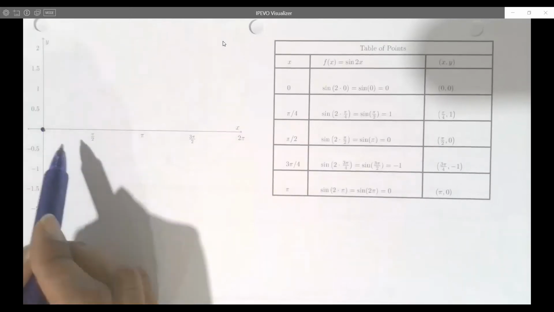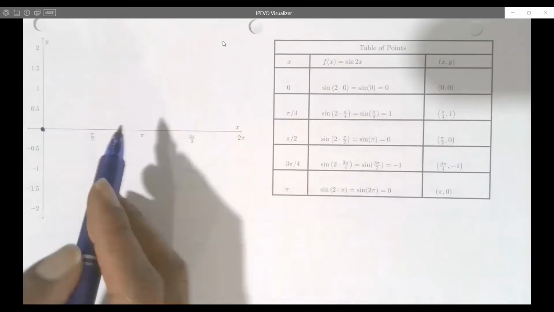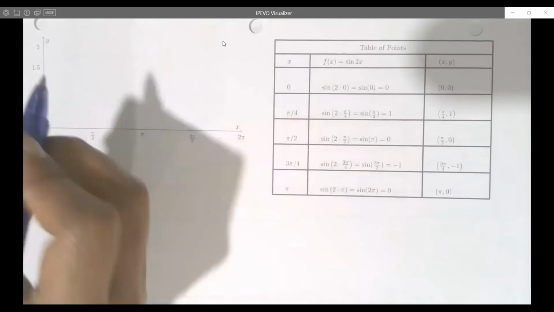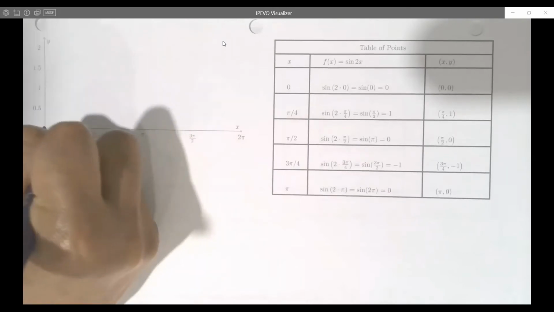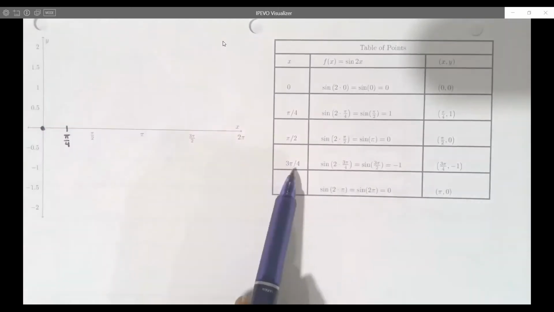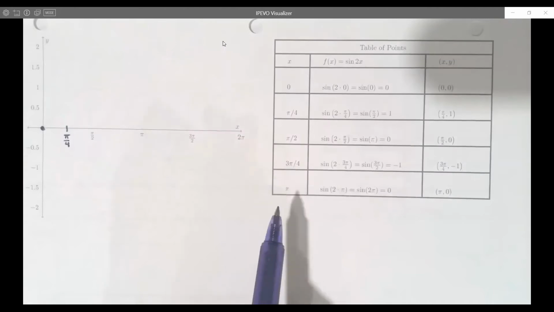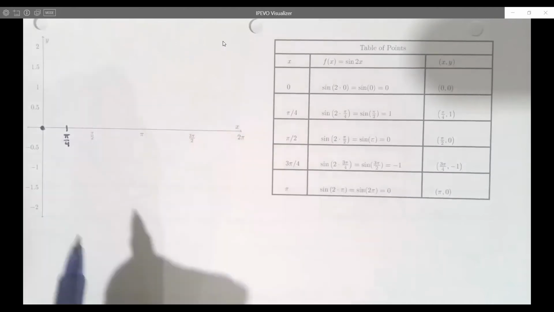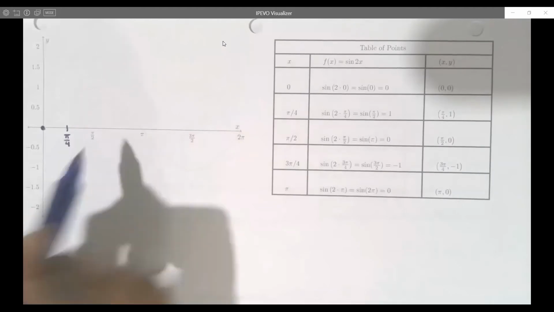Notice that pi over 4 is not directly labeled on here, so we're going to have to label it ourselves. Pi over 4 is half of pi over 2, so that means that we'll have it here. In fact, since it looks like we're also going to need 3 pi over 4, let's just go ahead and label the rest of the tick marks that we're going to need. This is just like counting. This is 1 pi over 4, 2 pi over 4.